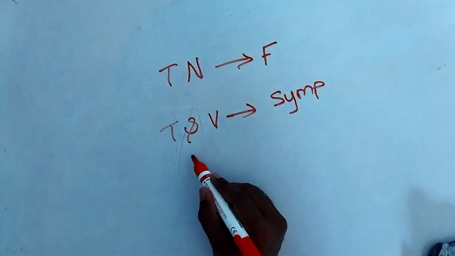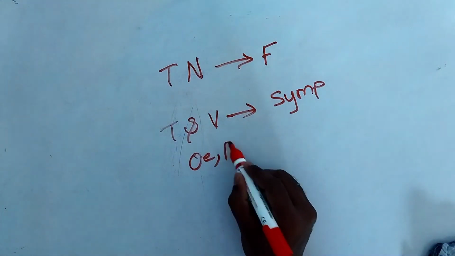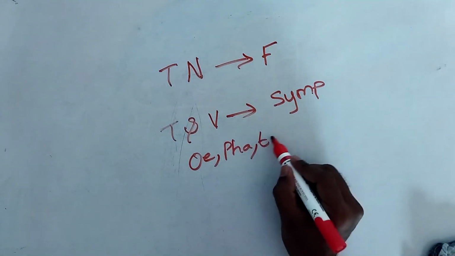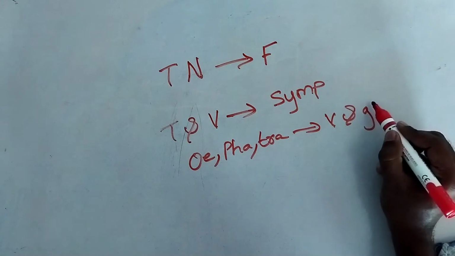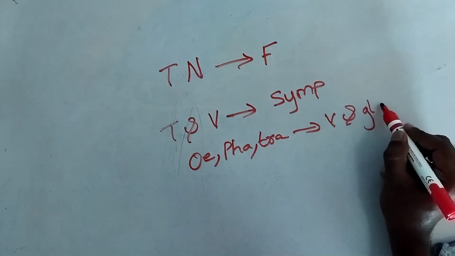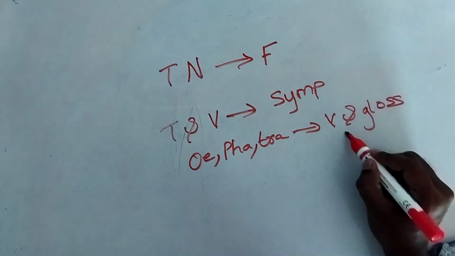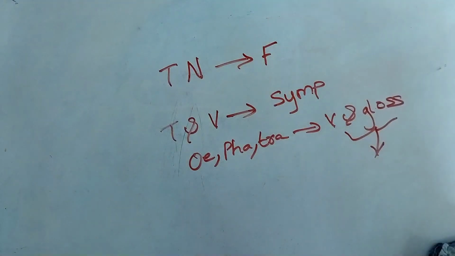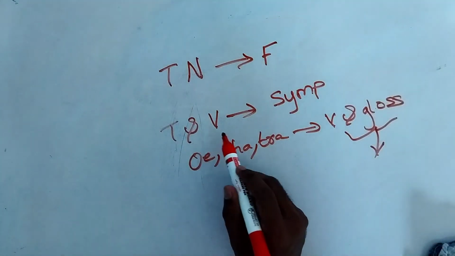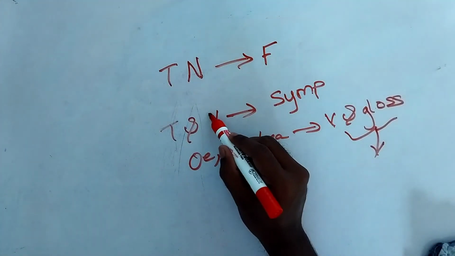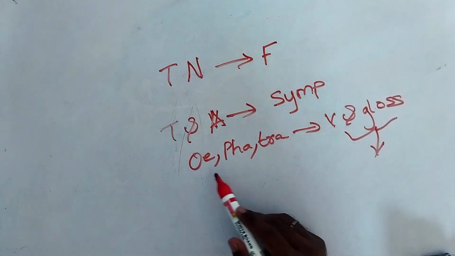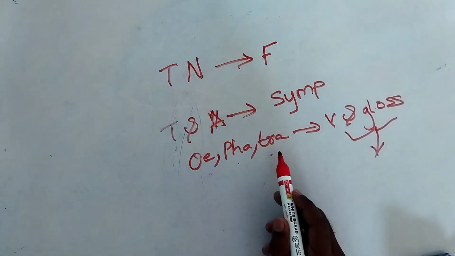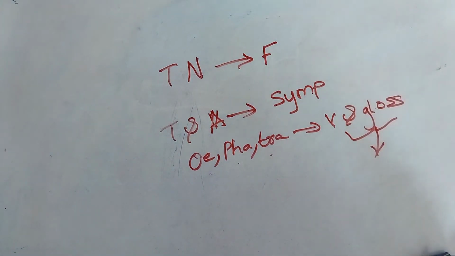And the pain from esophagus, pharynx and trachea is carried by the vagus and glossopharyngeal nerves. These two are also cranial nerves.